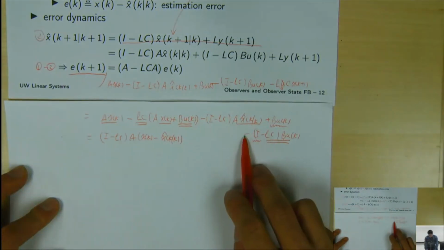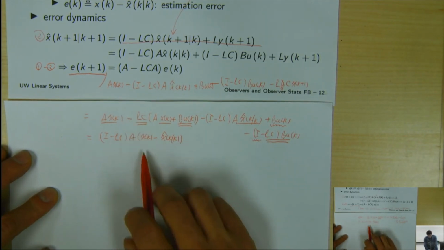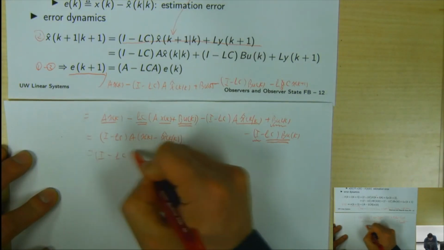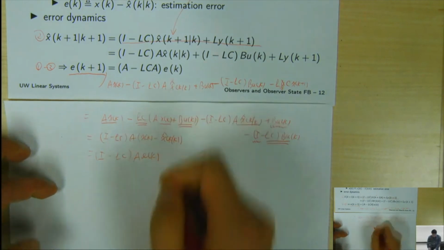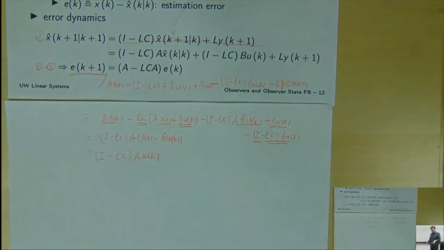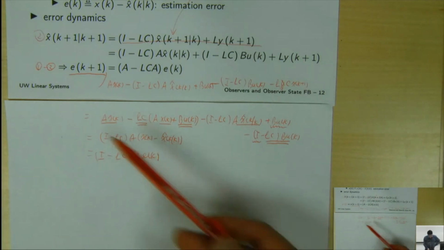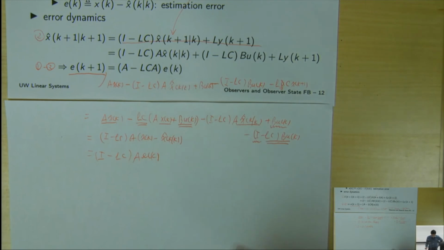Plus plus becomes minus, minus becomes positive, and then cancels out with this negative term. The whole thing is therefore I minus LC A e k. So again, the error dynamics is amazingly simple in structure. e k plus 1 equals I minus LC times A e k. That's the error dynamics.